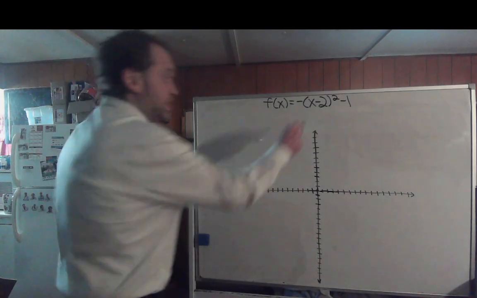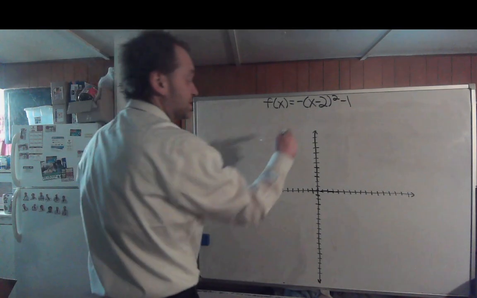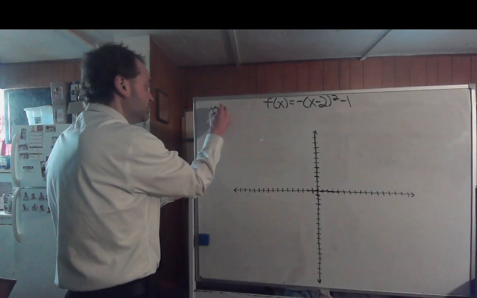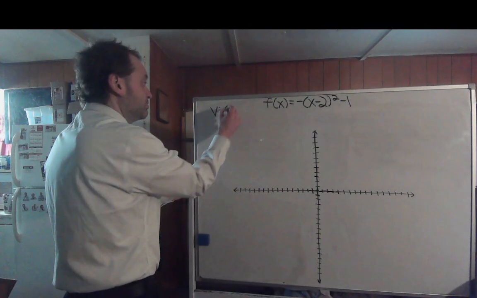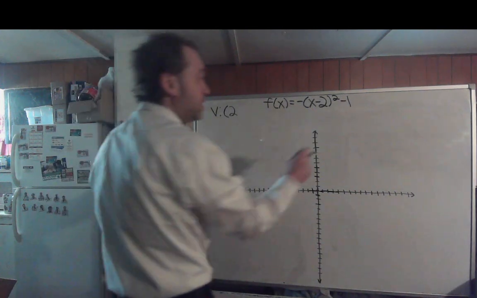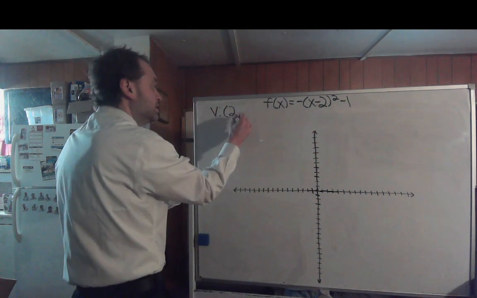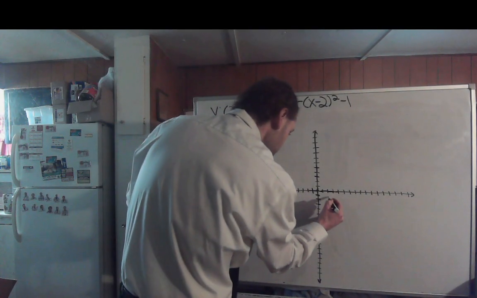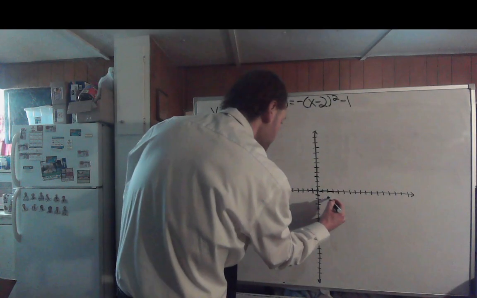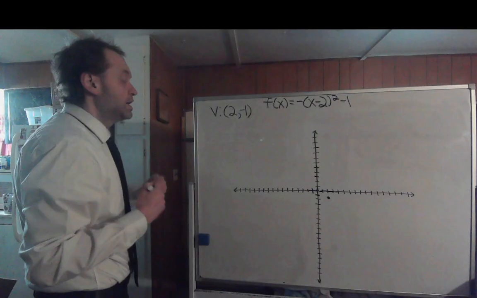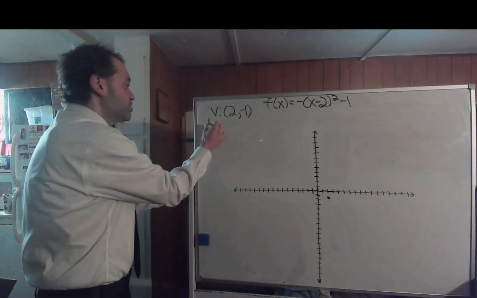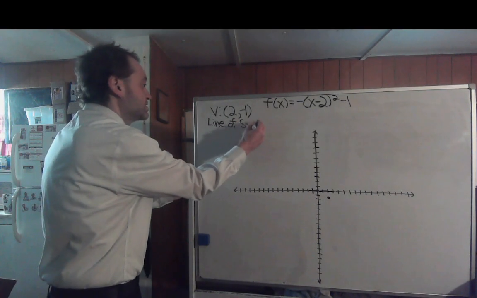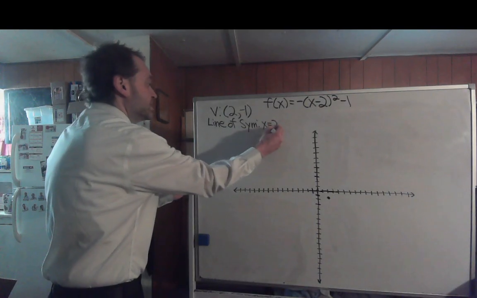Now, that doesn't change our vertex, though. The vertex is literally, you set that x minus 2 equal to 0, you'll get x equals 2. So you get the x-coordinate at 2, your y-coordinate is at negative 1. So your vertex can be found at (2, -1). So there's your vertex at (2, -1). Which means your line of symmetry is at x equals 2. It's always at the x-coordinate of your vertex. So the line of symmetry is at x equals 2.